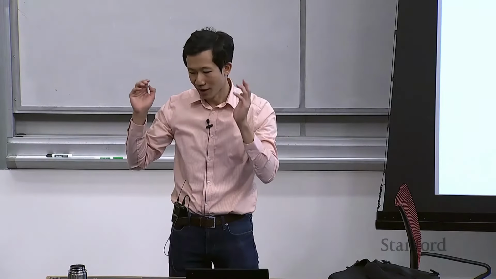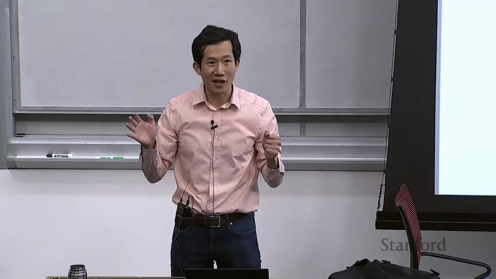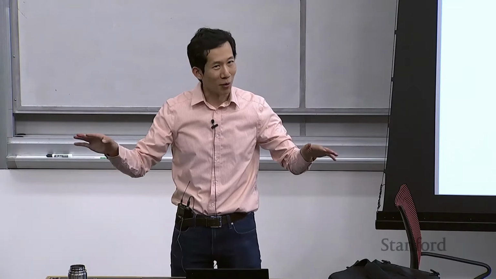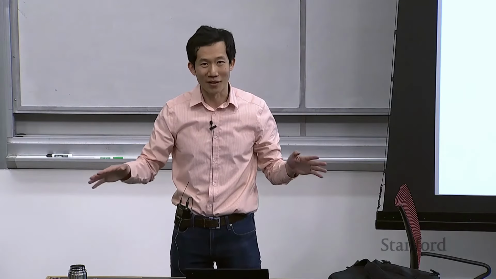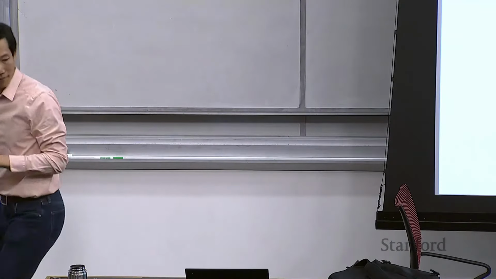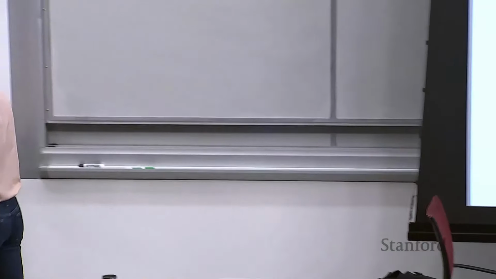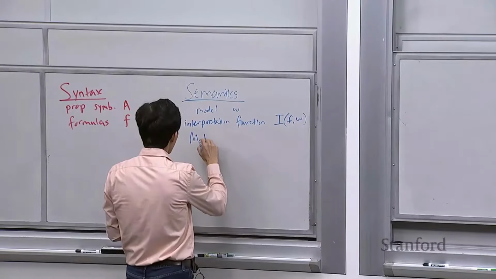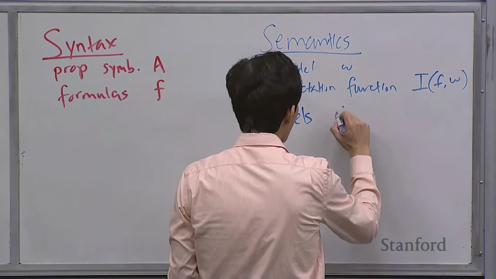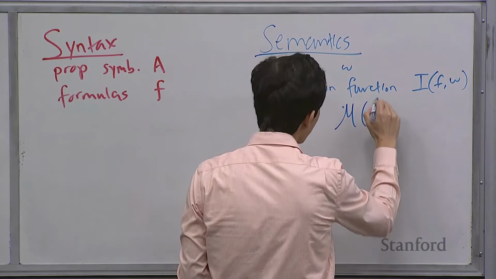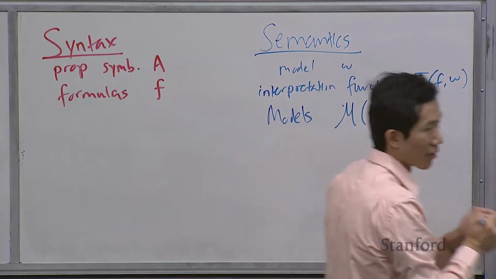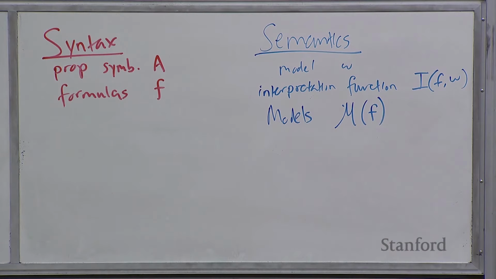If I say there's a water bottle on the table, what I'm really saying is that I'm ruling out all the possible worlds we could be in where there is no water bottle on the table. Okay? So M of F is going to be a subset of all the possible models in the world.